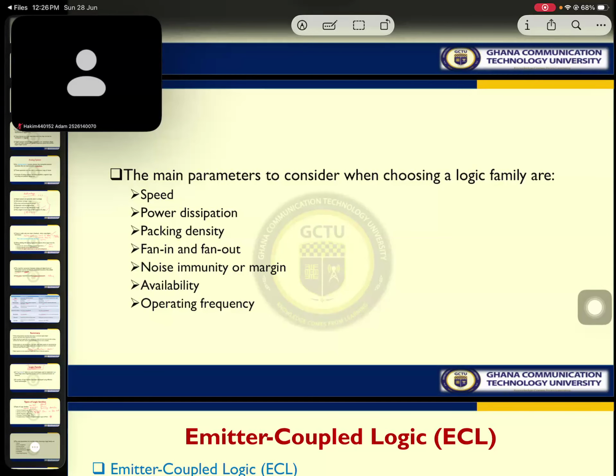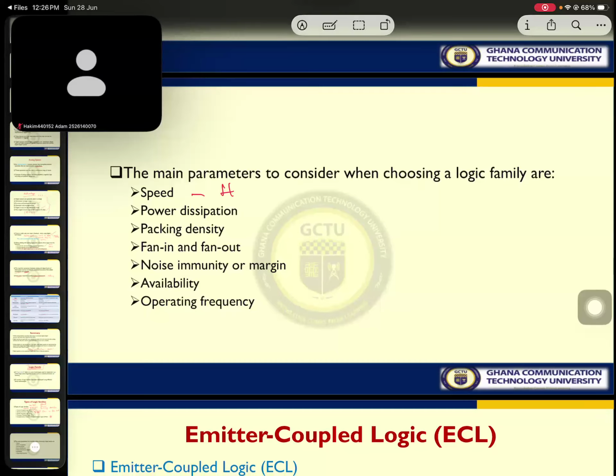Okay. Now, the main parameters you need to consider when choosing the logic family. Speed, very important. Speed is how fast the circuit can switch between zero and one.